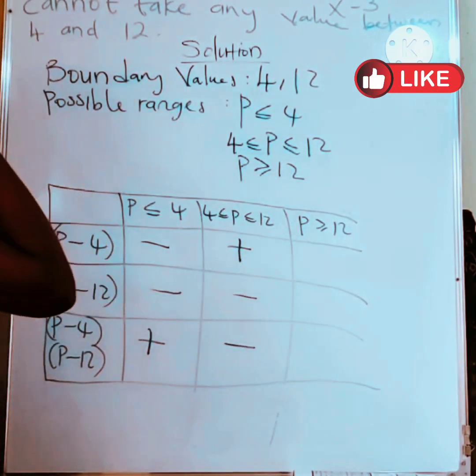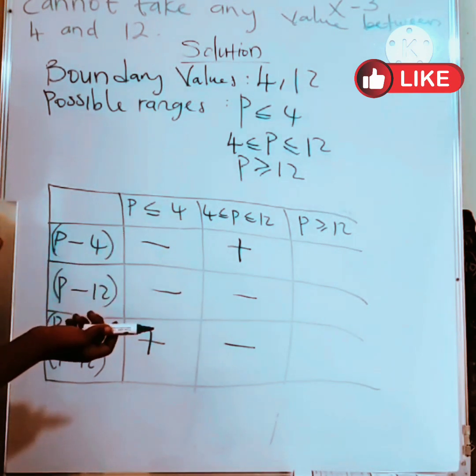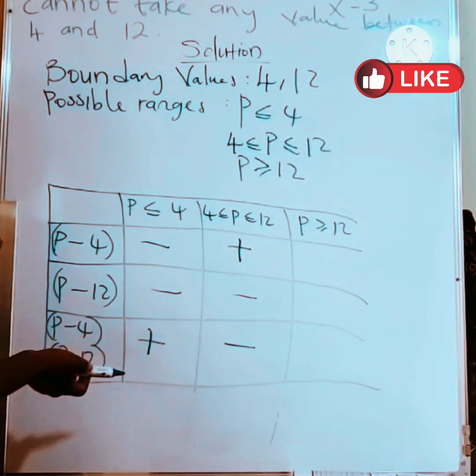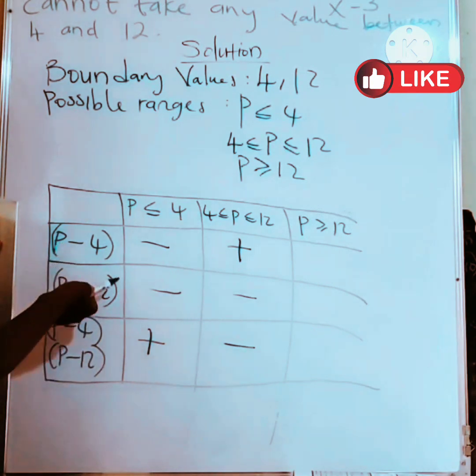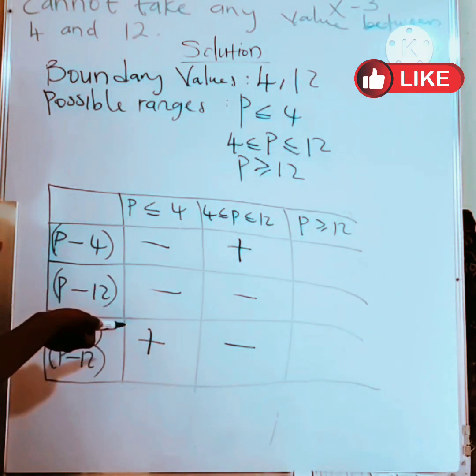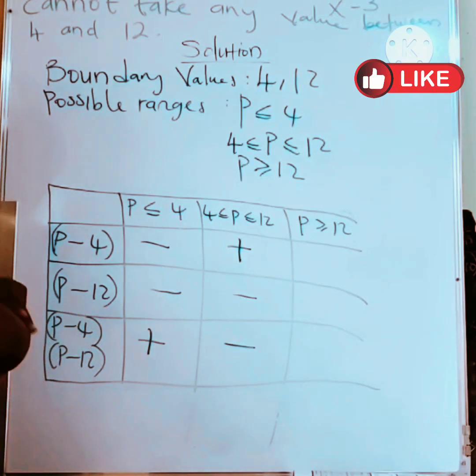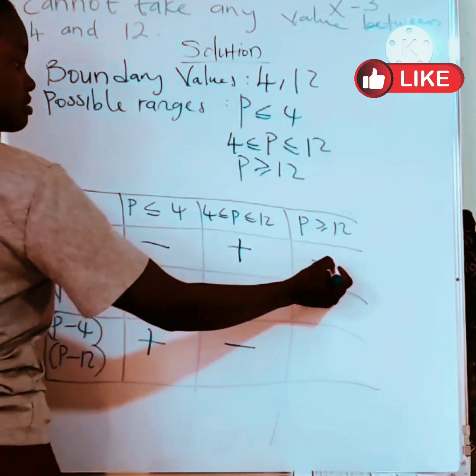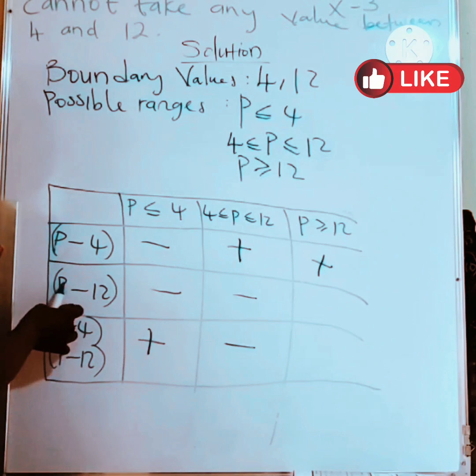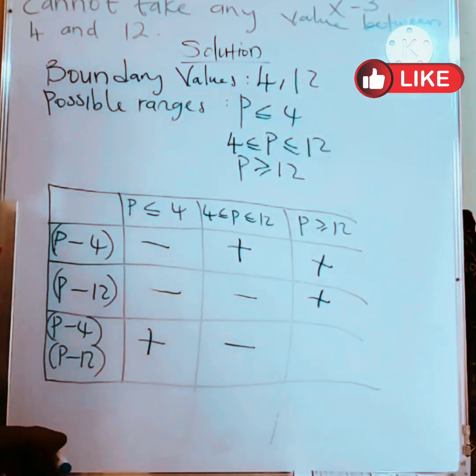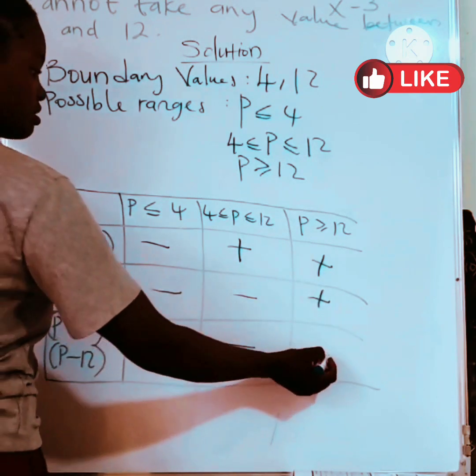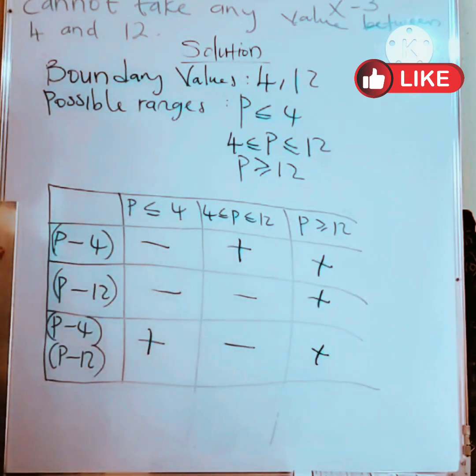Now in this range, we pick any value greater than or equal to 12. Let's pick 13: 13 minus 4 gives us 9, positive. 13 minus 12 gives us 1, positive. So here, the solution can only be positive.